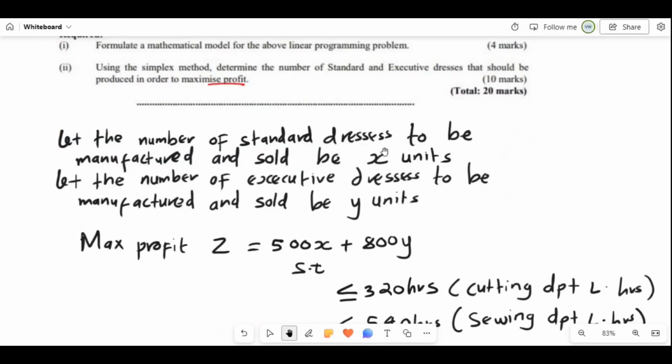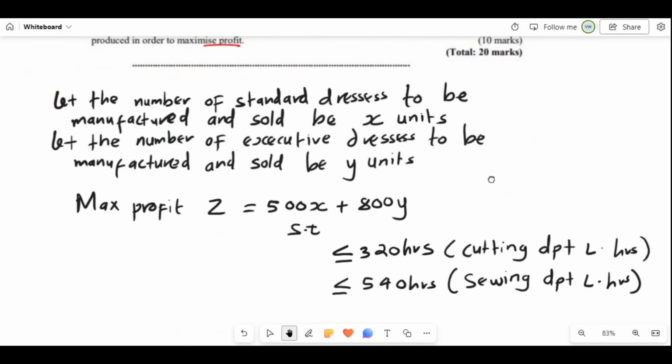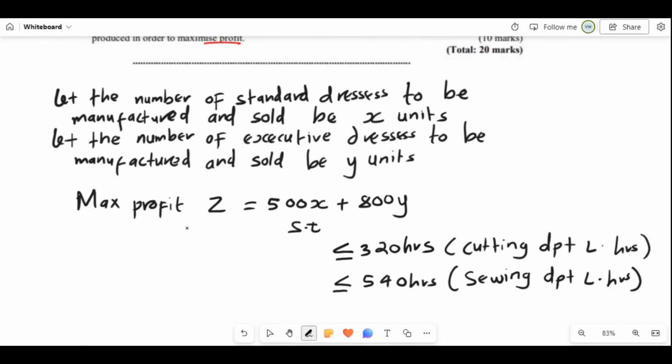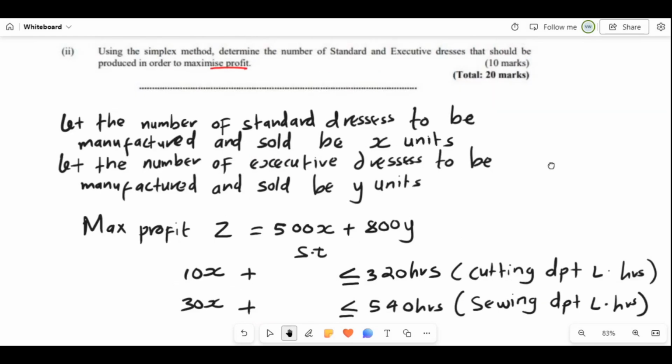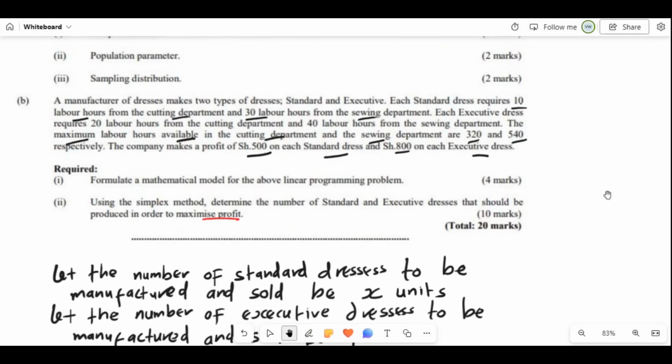And that is represented by our X. So that will imply that that will be 10X from the cutting department and 30X from the sewing department, plus for the executive dress, we are told that each executive dress requires 20 labor hours from the cutting department and 40 labor hours from the sewing department.